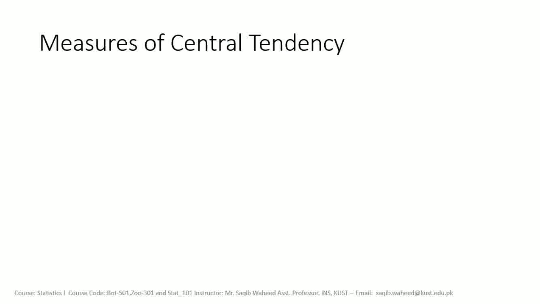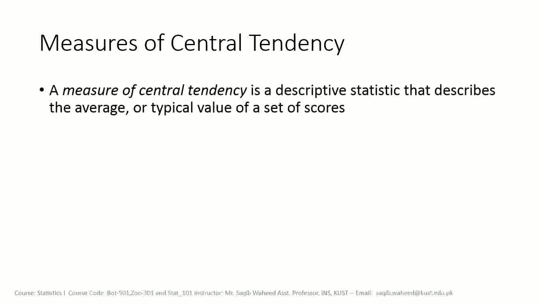Now, what is measure of central tendency? The tendency of the observations to cluster in the central part of the data set is called central tendency or averages, and the summary values are known as measures of central tendency.